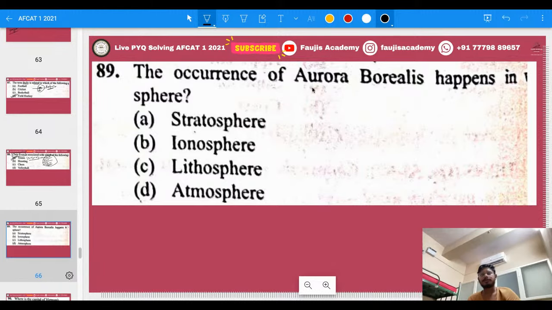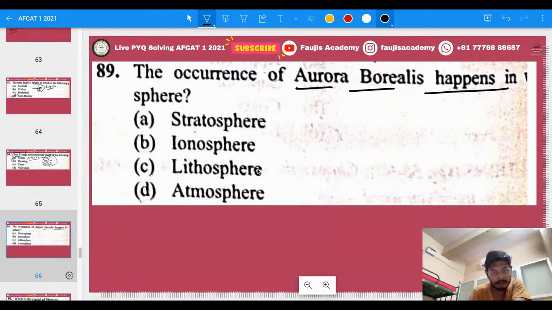All right, this is an easy one. Aurora borealis. In which particular strata does the aurora borealis happen? Stratosphere, ionosphere, lithosphere, atmosphere. Atmosphere, it won't happen. Stratosphere, again it won't happen. Lithosphere, again it won't happen.